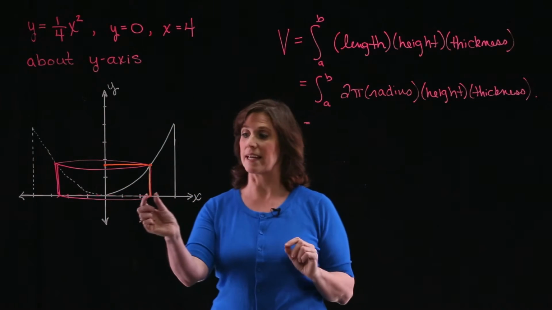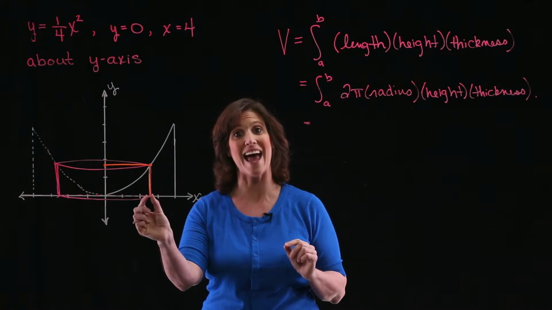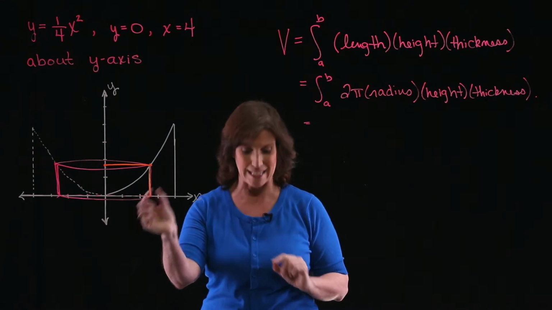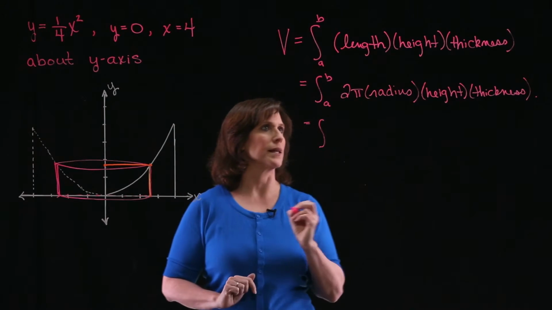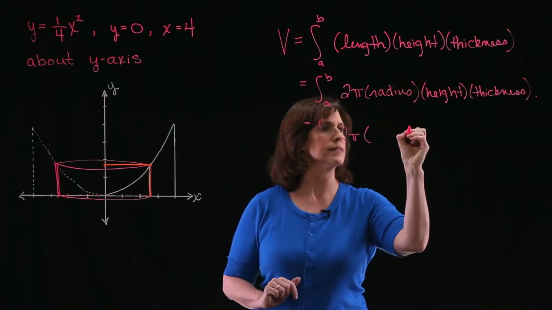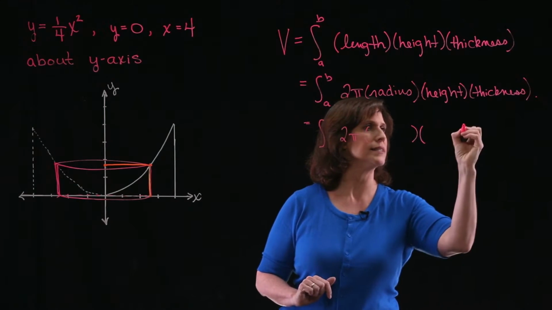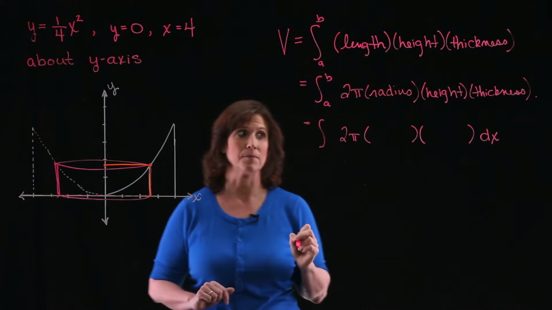And the third piece is the thickness. I can tell right away that the thickness is going to be a change in x, so I'm going to represent that with a dx. So let's fill in part of this formula. I'm going to have 2 pi, my radius, my height, and I know that my thickness is going to be dx.